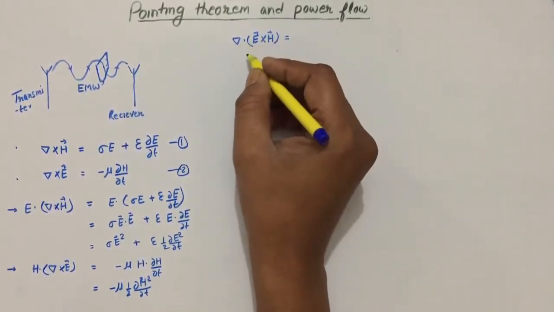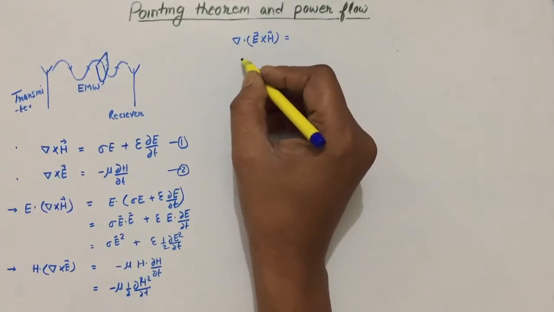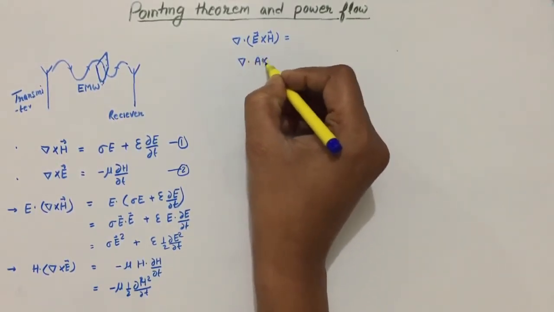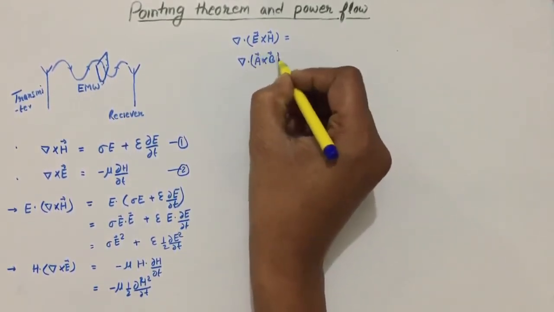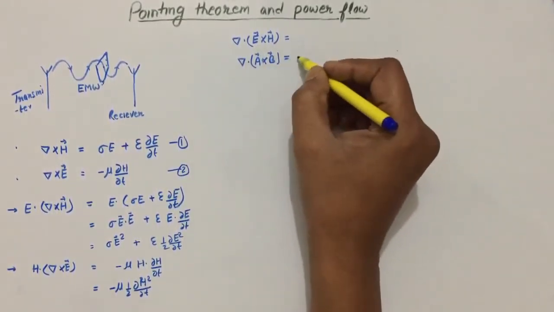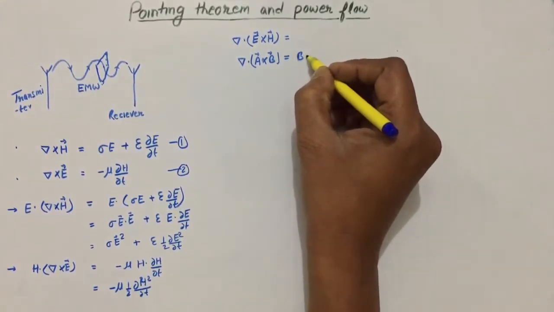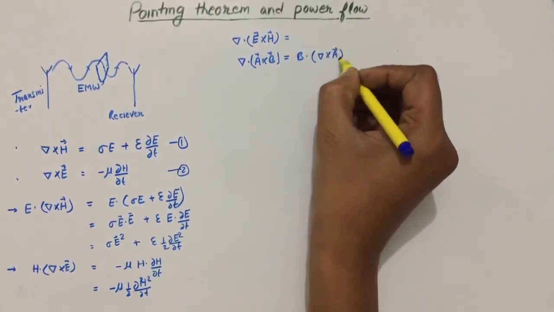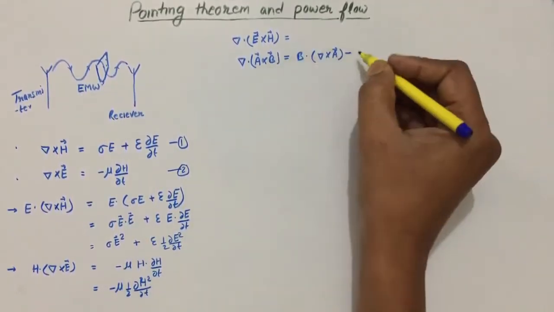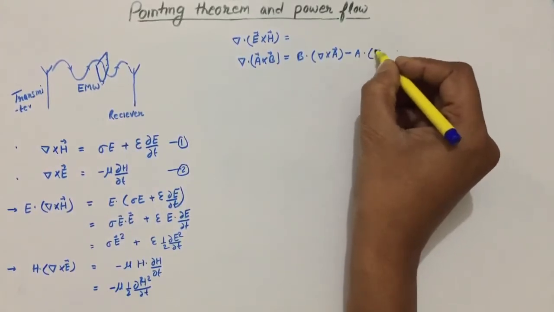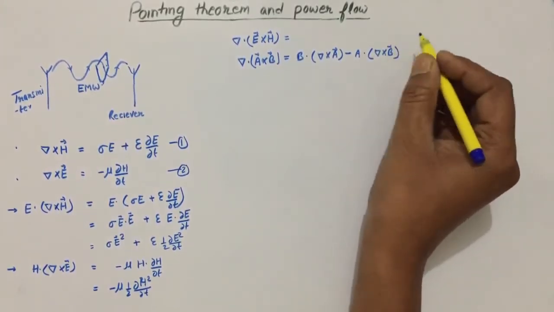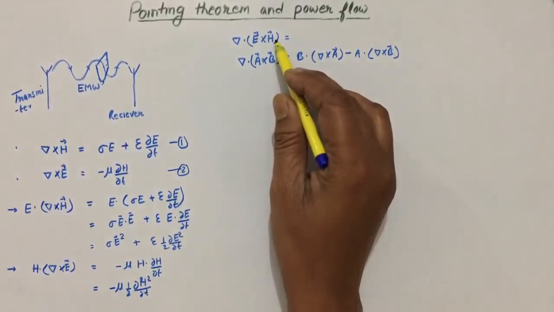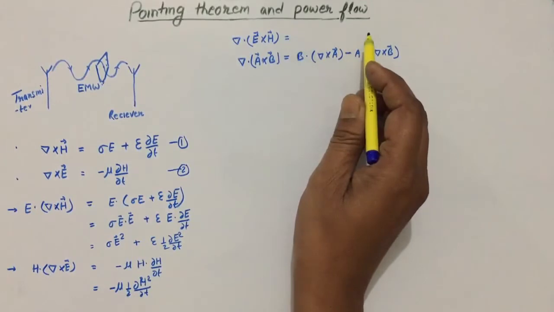For that purpose, let us take the help of the well-known equality: if we have del dot A cross B, then we have the well-known relationship, B dot del cross A minus A dot del cross B. Following this, simply follow this to find the equality here.